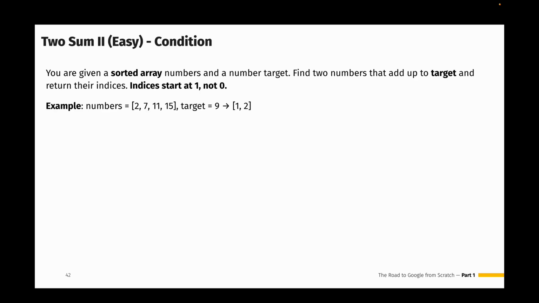We have 2 and 7, which in sum will give us our target number. And in that task, we don't need to return 0 and 1. Why 0 and 1? Because 0 is the index of 2 and 1 is the index of 7. But we need to return 1 and 2. So not the index, but the position which starts from 1.